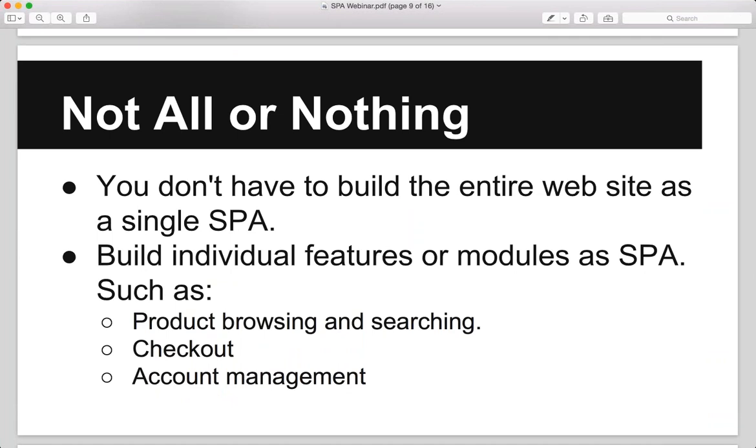Instead, what you need to do is break up the features. So you can implement individual features or modules using an SPA. For example, your product browsing and searching could be an SPA. So where I'm scrolling through the products, I'm searching for it, I'm filtering by price and category and things like that. You can make that an SPA so that the product browsing becomes super efficient and fast.